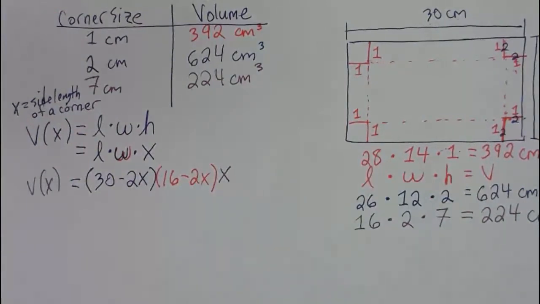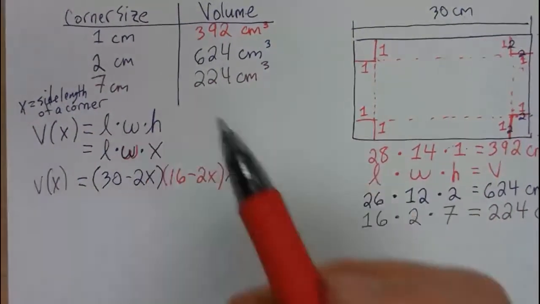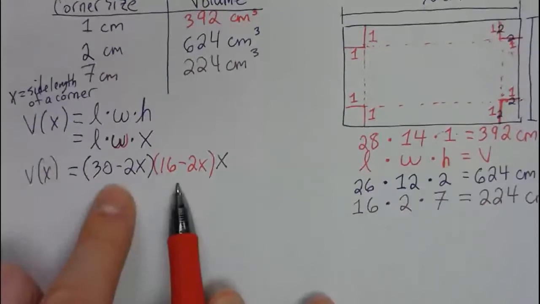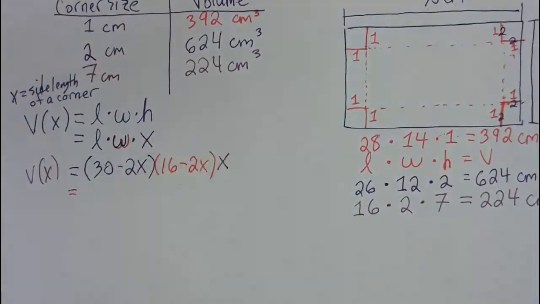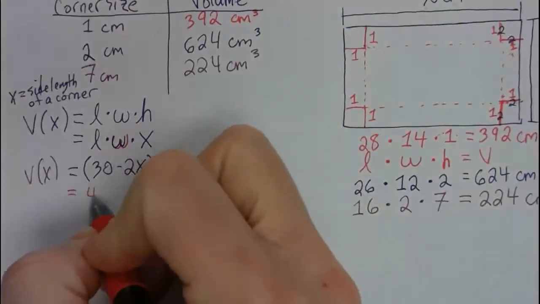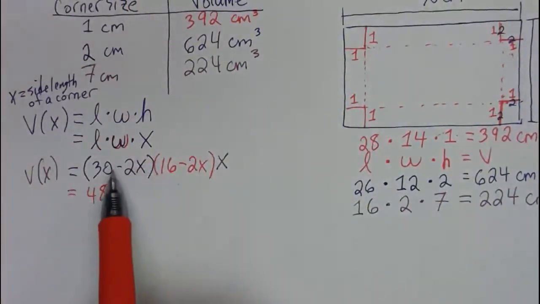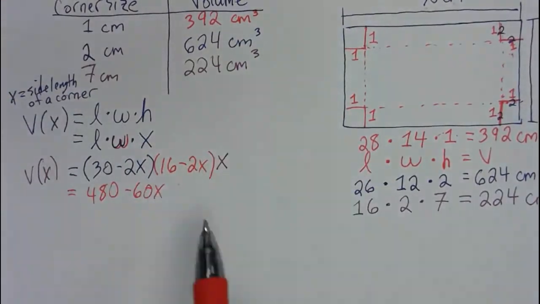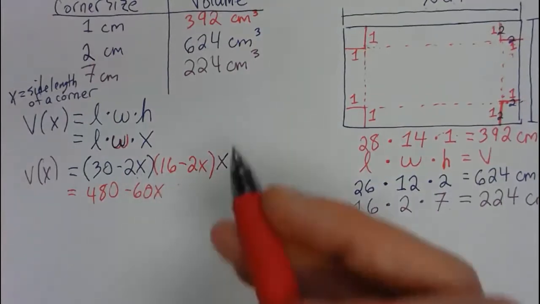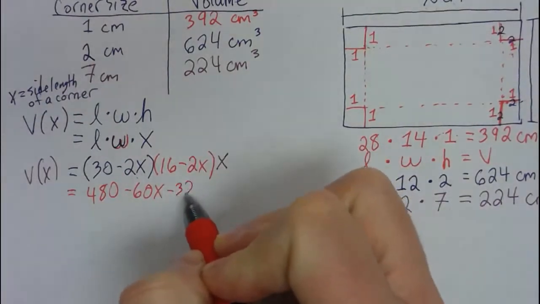So maybe we do some quick practice with that. When we're multiplying parentheses, we have 30 times 16 that we would do first, which would give us 480. And then 30 times negative 2x is negative 60x. Negative 2x times 16 is negative 32x.